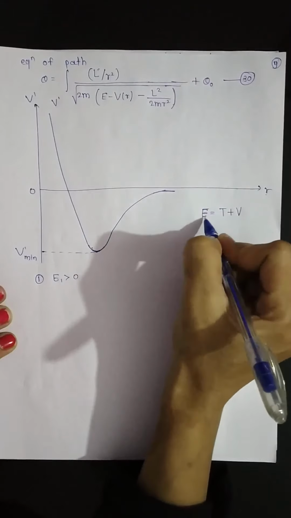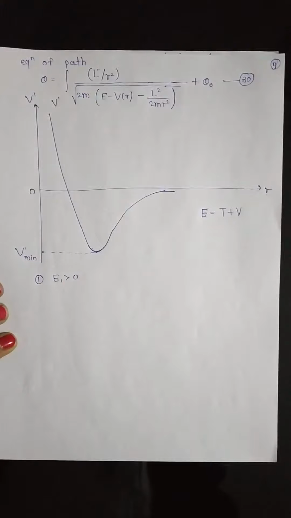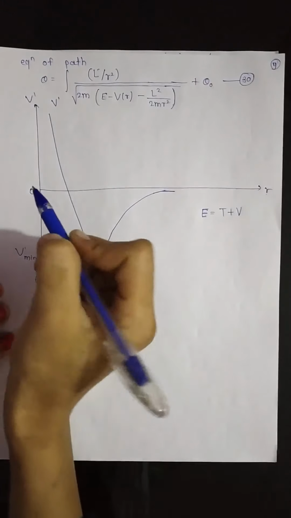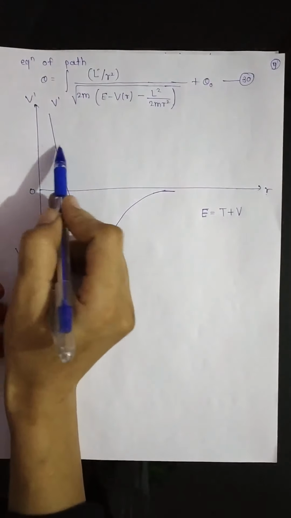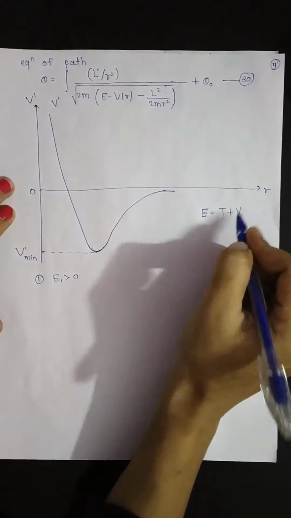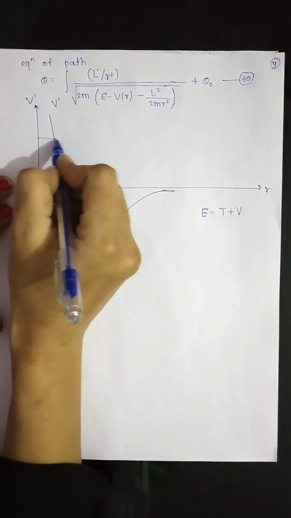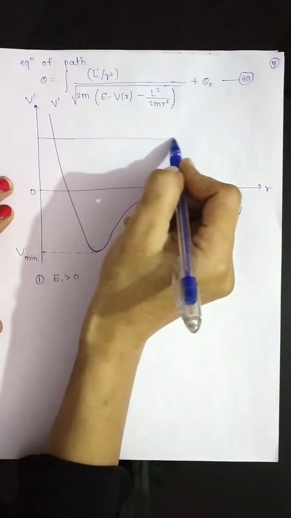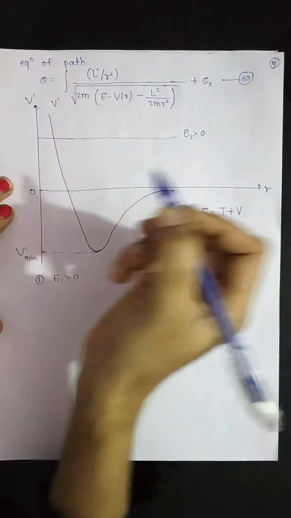E1 greater than 0 will have a value above 0, because it is the sum of kinetic and potential energy. Let me consider this value of E1 somewhere over here.